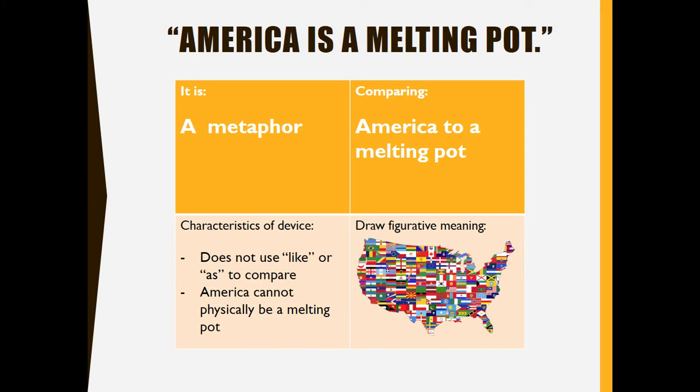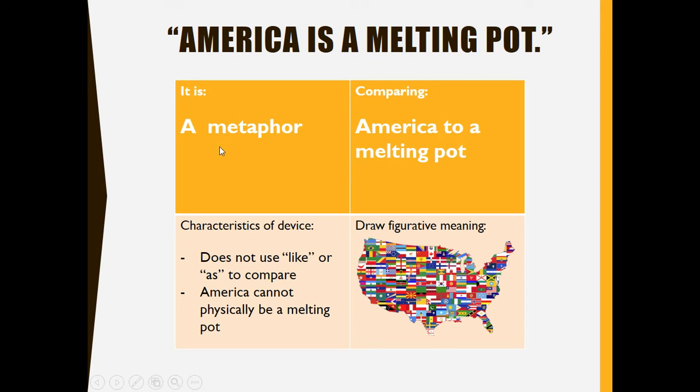Let's look at one more example before we tackle it ourselves. America is a melting pot. Okay, is this a metaphor or a simile? It is a metaphor. What is it comparing? America to a melting pot.